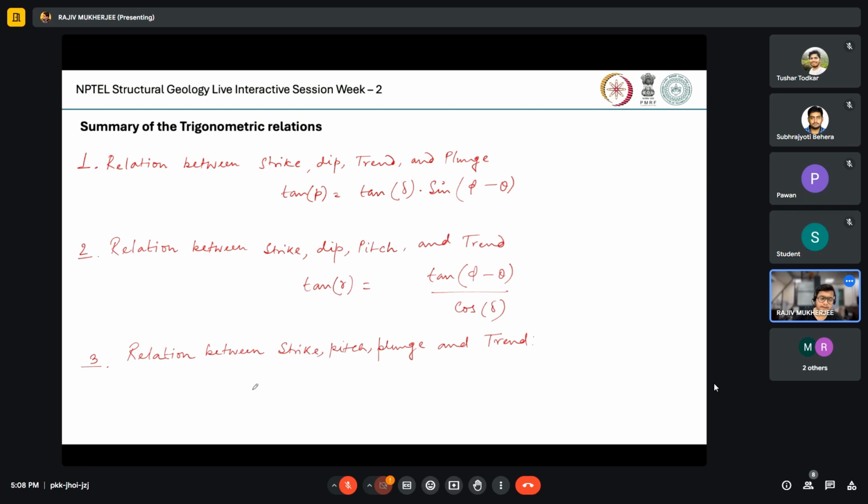So that relation is cos of the rake or the pitch is equal to cos of the plunge times cos of strike minus trend. So these are three important relations that give you a quick result while calculating the values of essentially plunge and the pitch, and of course the trend of the lineations, and it also involves the dip and strike of the foliation or the plane which contains the lineation.